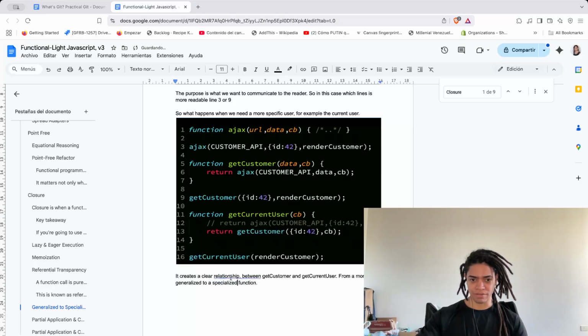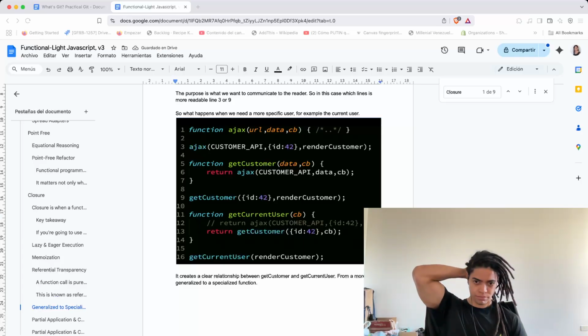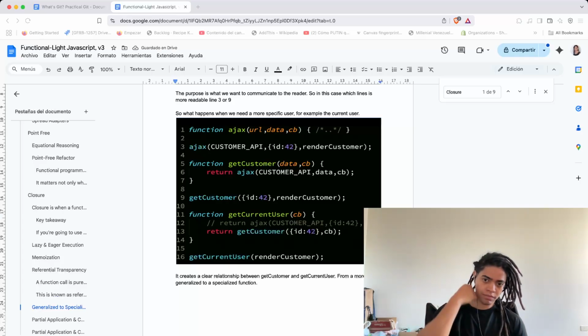Saying it's the specialization of Ajax is a weaker statement, relationally, than saying it is the specialization of getCustomer. So even though both might have the same outcome, the choice of line 13 makes a clearer, more obvious signal about the relationships between these entities.